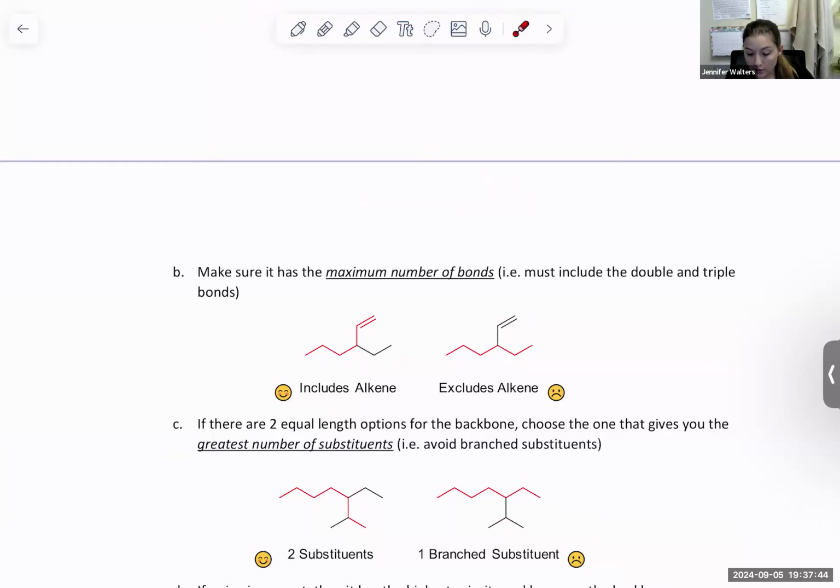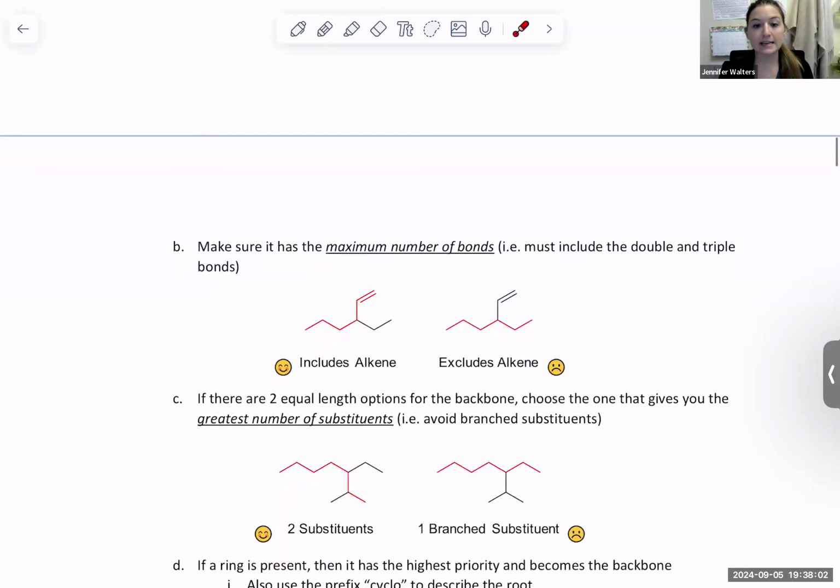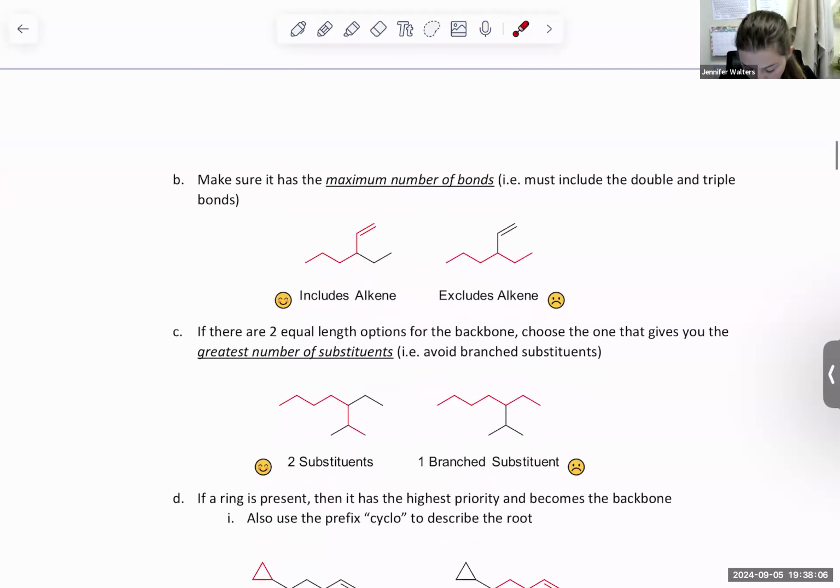Then you're going to make sure that your backbone contains the maximum number of bonds, meaning that if there's a double or triple bond, try to include as many of them as possible. So in this case, because there's an alkene, I'm going to go up this way to make sure that I can include the alkene. I won't go straight across. That excludes the alkene. The alkene, remember, indicates the double bond, that carbon-carbon double bond.